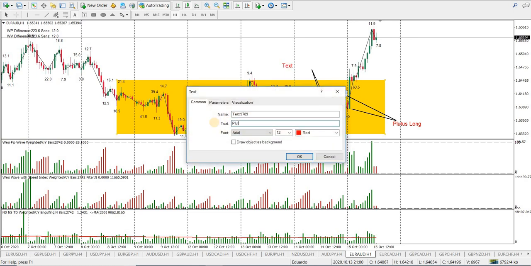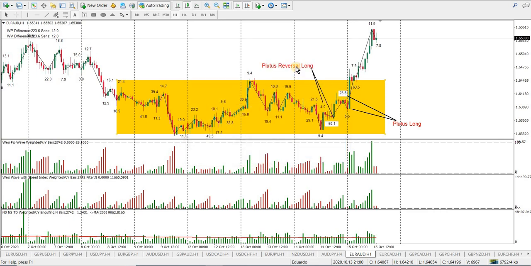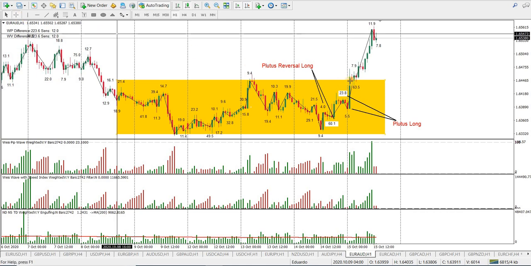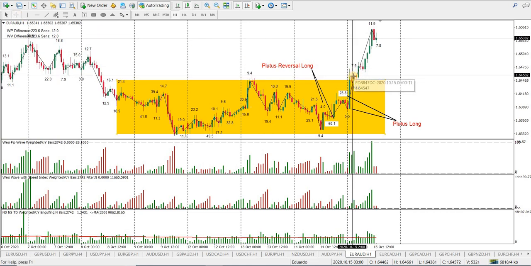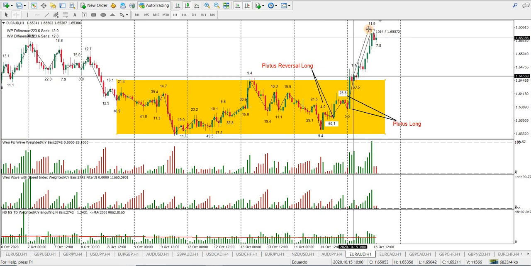A Bluetooth reversal long. Okay, the result, let's say that we entered long here, 100 pips. Very nice. So this is it, people, for today.